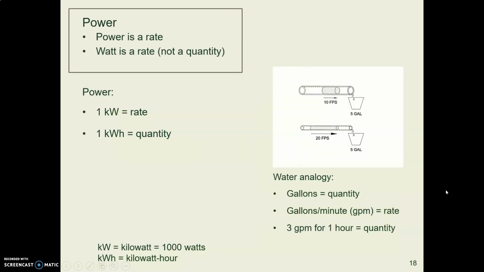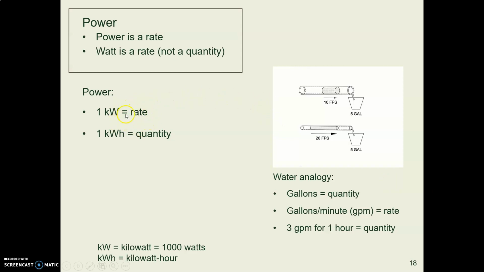And just to clarify, a watt is a rate. So when you're talking about a power plant, you can't say how many watts it produced, because a watt is a rate. It's like saying gallons per minute. The quantity is already built into that word.